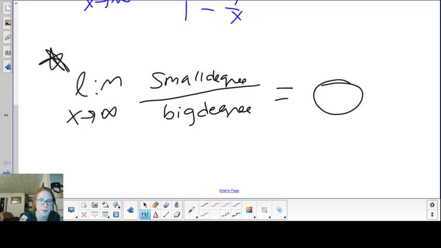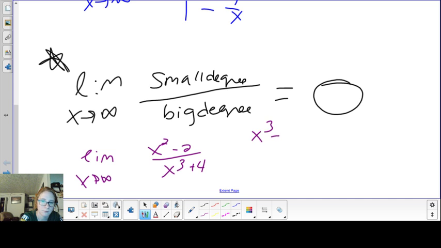For example, if I took the limit as x approaches infinity of x squared minus 2 over x cubed plus 4, and divide everything by x cubed, over x cubed plus 4 over x cubed.